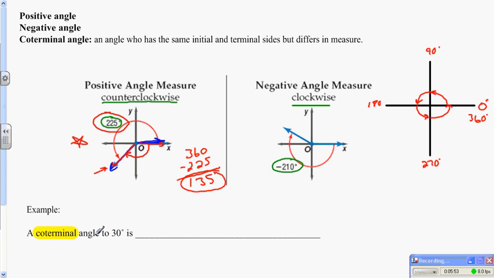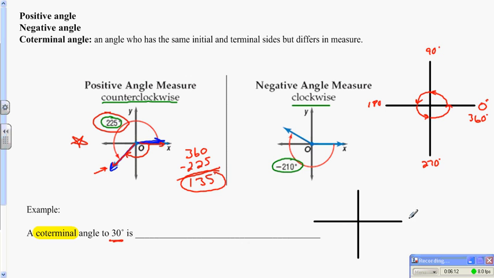If we have a coterminal angle to 30 degrees, we have to consider how we get to the 30-degree position without going in the regular direction.